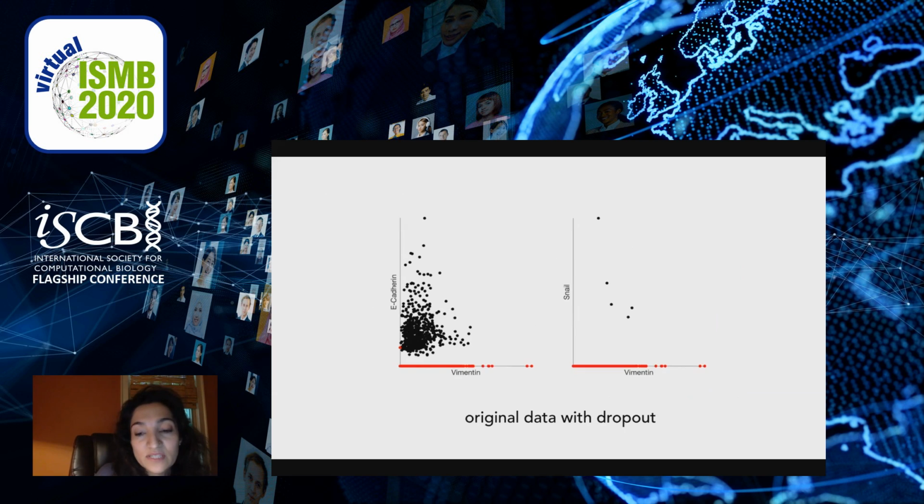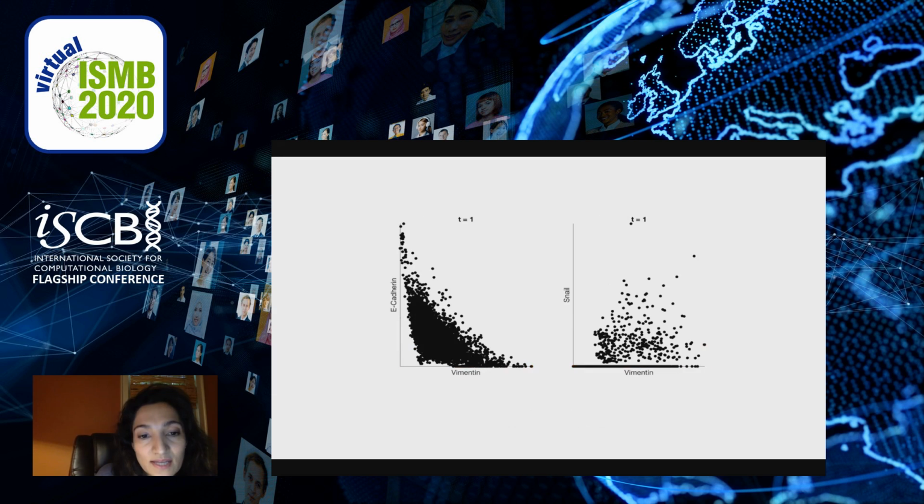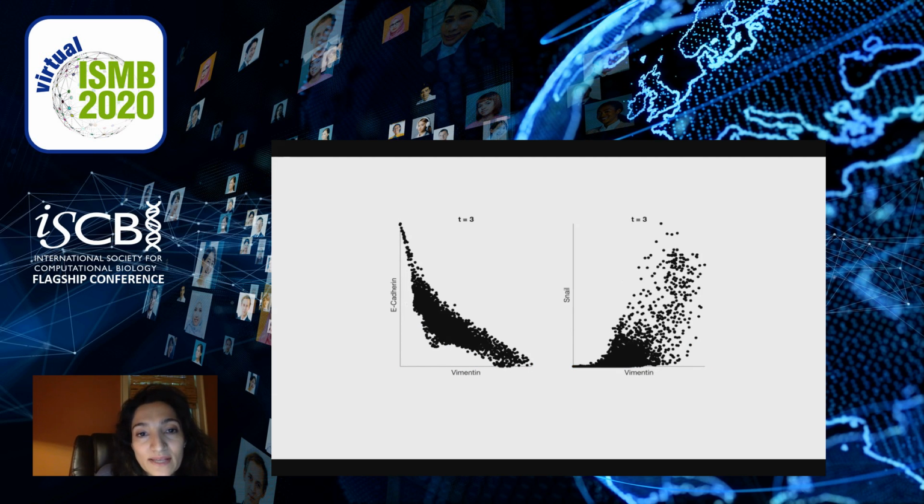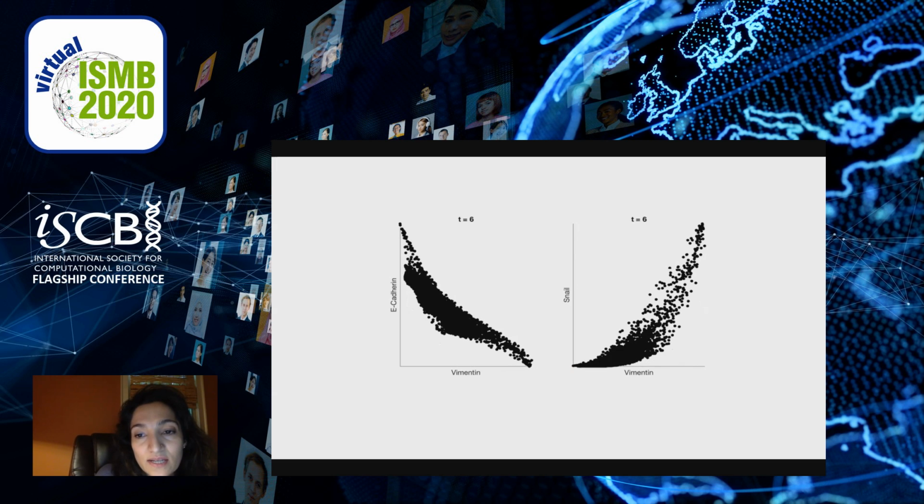And when we do this, we are able to learn the gene-gene relationships again, which tells us that we're learning meaningful values or corrections of the gene value. So here you see two gene-gene relationships. Initially, with all this dropout, it's very hard to tell what this relationship looks like. And as you low pass filter with a higher and higher t, you restore these relationships.